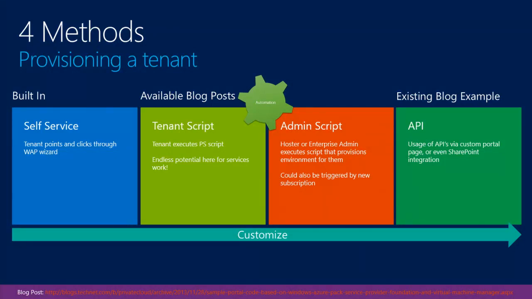If you want full control over everything, use the API and build your own portal or your own resource provider. We do have examples on the blog about building a resource provider, and it's a Hello World example that initiates SMA runbooks with parameters, so it might be worth checking out if you want to go that route, because it exposes the automation to the tenant, which is not out of the box.